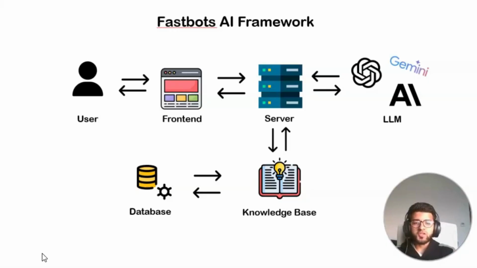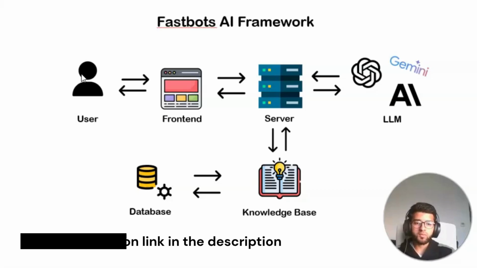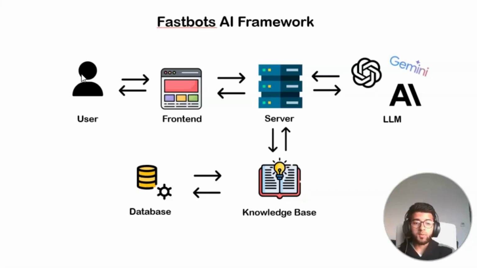The first thing we're going to do is look at each and every component. The first component is the user, the person who interacts with the chatbot, which is you or anybody else. The front end is what you see on the screen, for example where the chatbot is visible to you.